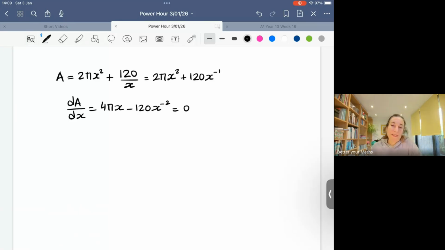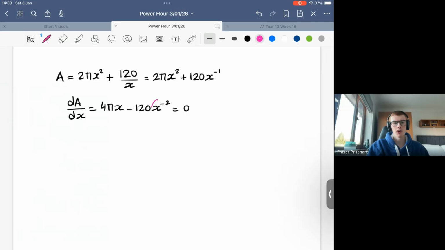How am I going to solve this equation? Who can tell me? Maria, hello. Fraser. Add the 120 over x squared to the right-hand side, and then multiply through by x squared, and then you can just solve it from there. Exactly.